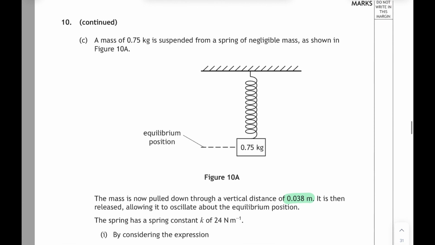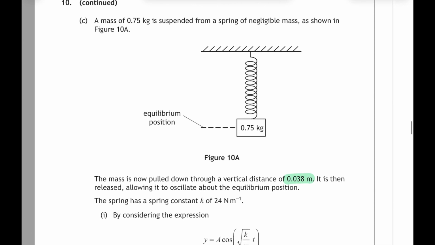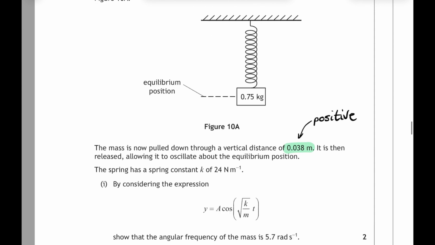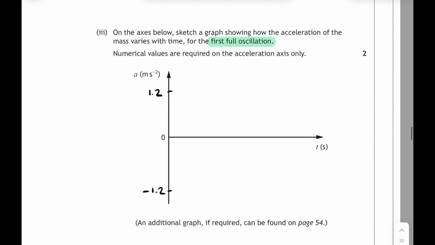So this mass has been pulled down through a vertical distance of 0.038 meters, and then it's released. So because the 0.038 is positive, its initial acceleration will be in the opposite direction to that, which will be negative. So I'm going to start my graph off at negative 1.2, and it's going to be a negative cos curve.